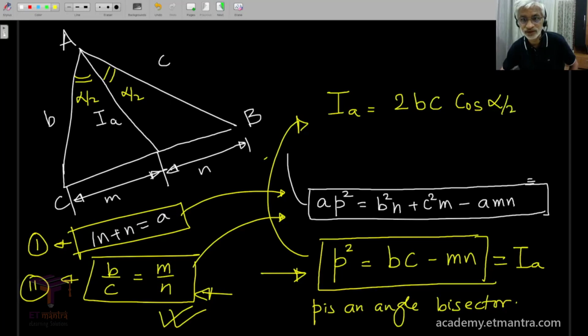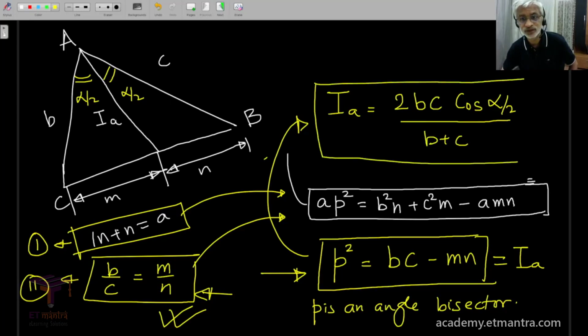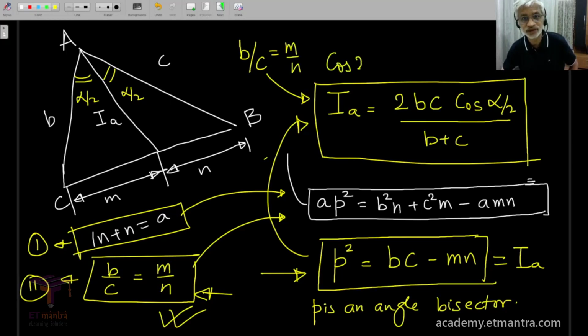And now all the symbols we've used here, B, C and alpha by 2 are clear from the diagram, divided by B plus C. Now all I'm going to say is that you can do the algebra and derive this. Just need to use the two ideas. One is that B by C is equal to M by N, and the other idea is the formula cos 2 theta is equal to 1 plus 2 cos square theta.